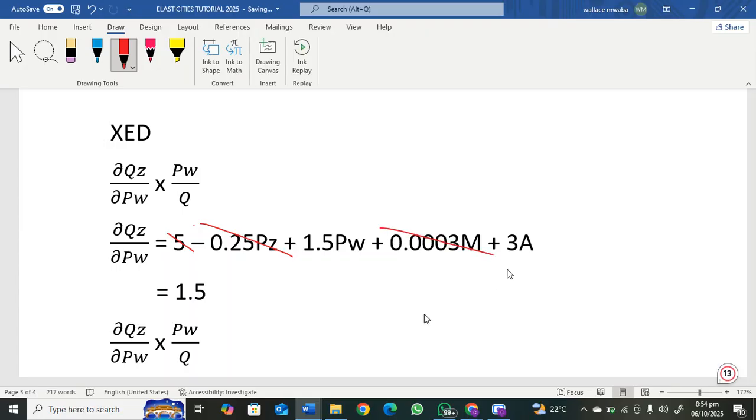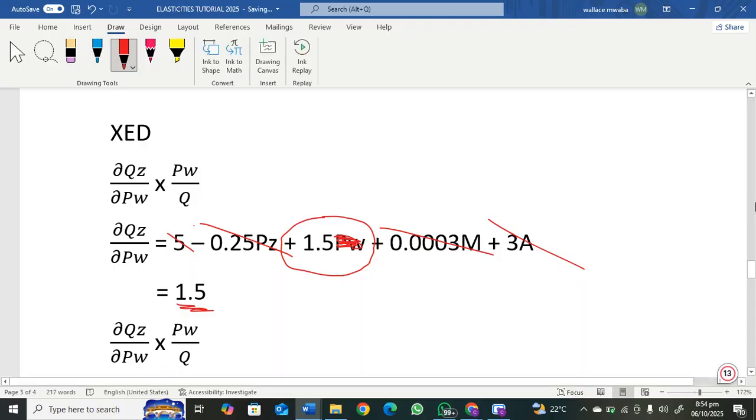M doesn't have. 0.03 doesn't have. 3 doesn't have. So you're only focusing on this number here. So as I said, when you derive, to make life easy, you just cancel this out. And have you seen our answer is 1.5 here? That's the partial derivative.